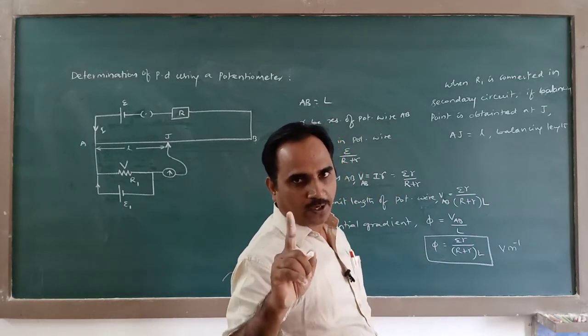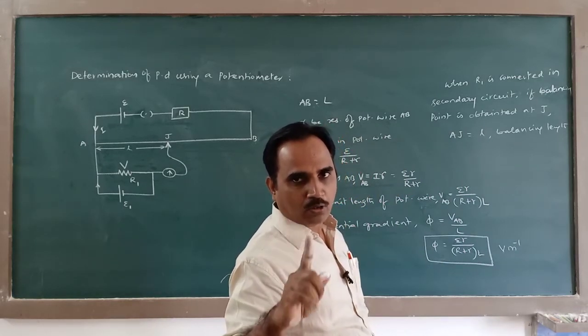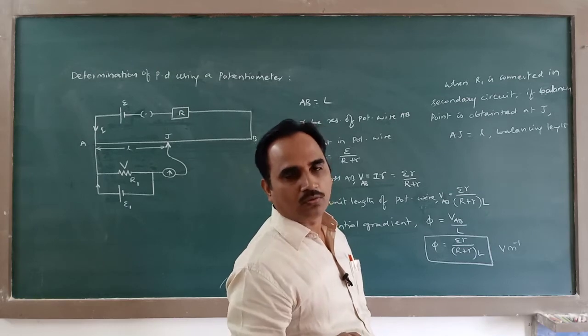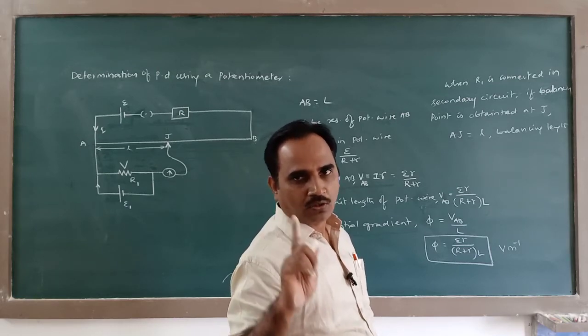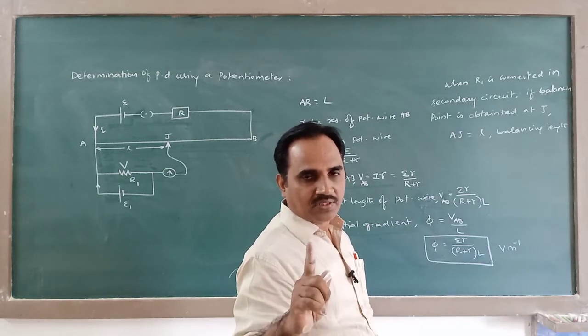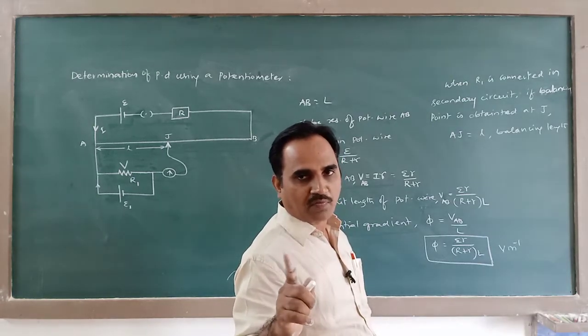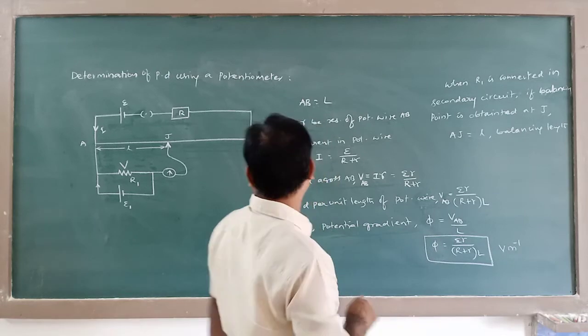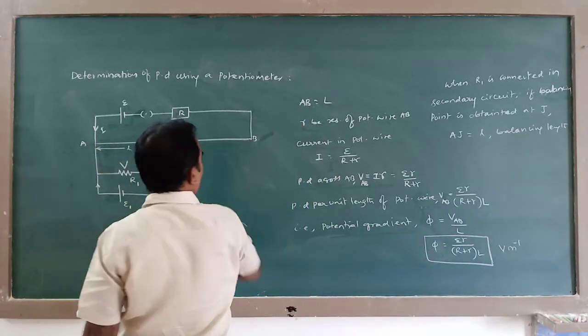So balancing point means it is the point where current through the galvanometer is 0. So when the current through the galvanometer becomes 0, you measure the length of the potentiometer wire from the end A, from here to here.